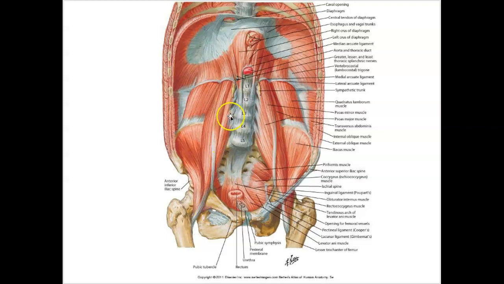The psoas minor, you can see here, comes from the lumbar spine again. This does not have a common attachment. It's not part of the iliopsoas muscle. It comes down and attaches to the anterior side, the inside of the pelvic brim here, and that helps you to sit up.